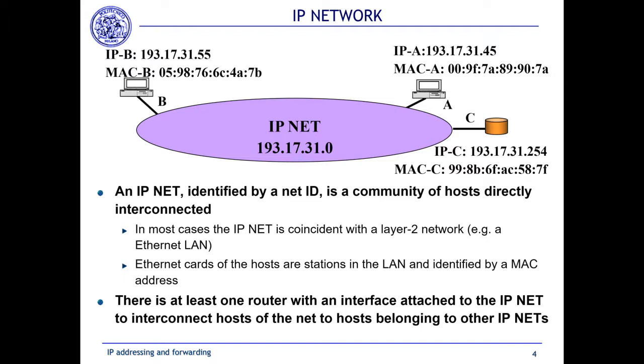Okay? So this block of addresses is the network, and all the interfaces which are configured with an address belonging to this block belong to the specific IPNet. This is a logical concept.